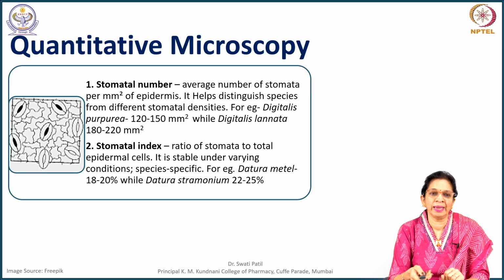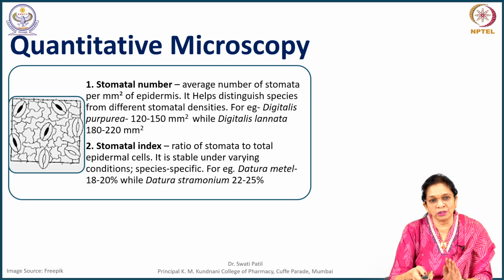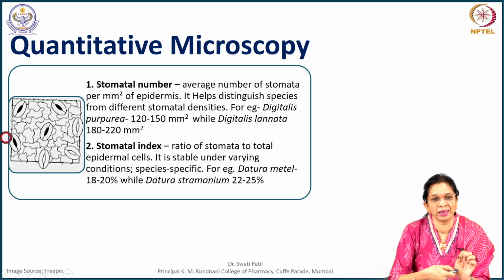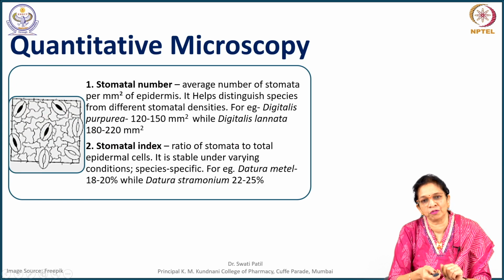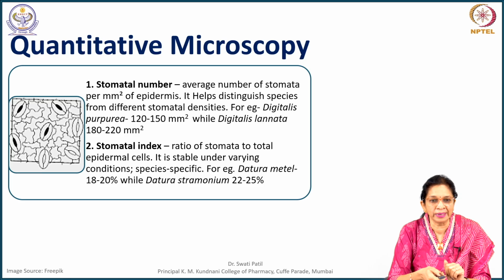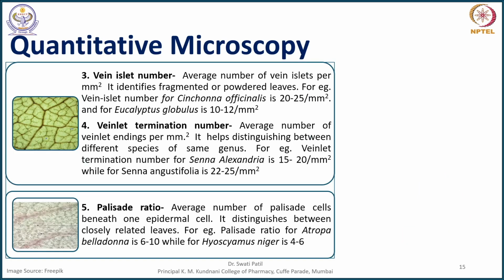Quantitative microscopy helps us to identify different species. So, stomatal number, where we count the number of stomata present in a tiny square of 1 square millimeter, can help us identify Digitalis lanata and Digitalis purpurea. Stomatal index, the ratio of stomata to the total number of epidermal cells, will also help us identify two different leaf species.